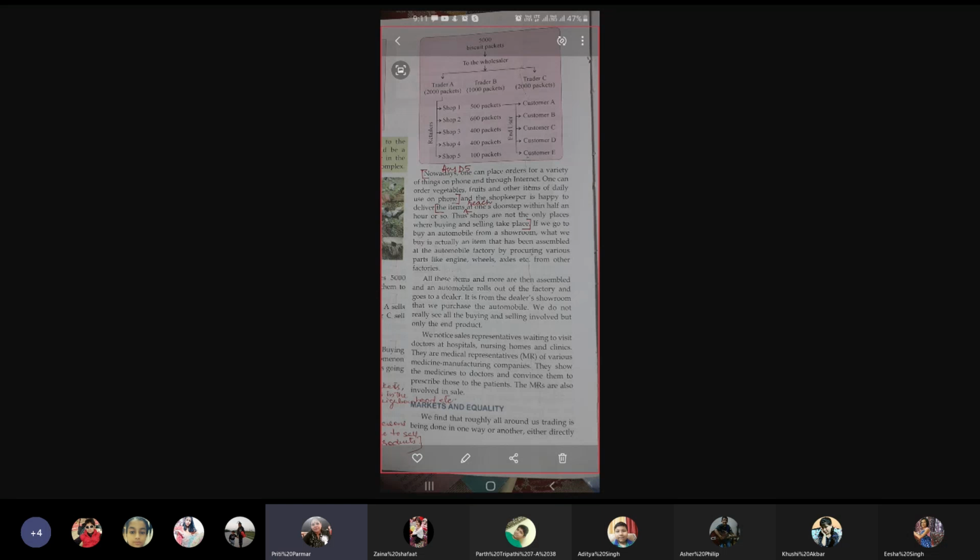We notice sales representatives waiting to visit doctors at hospitals, nursing homes, and clinics. They are medical representatives or MRs of various medicine manufacturing companies. They show the medicines to doctors and convince them to prescribe those to the patients. The MRs are also involved in sales.